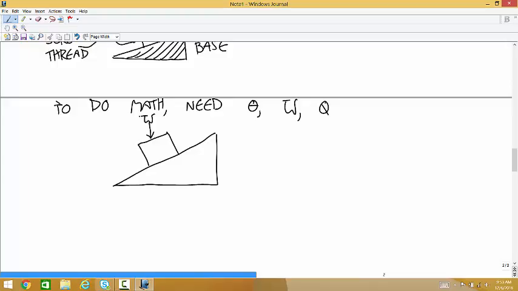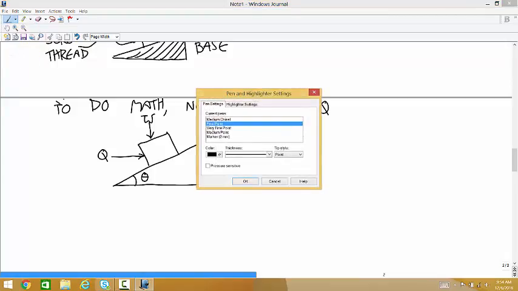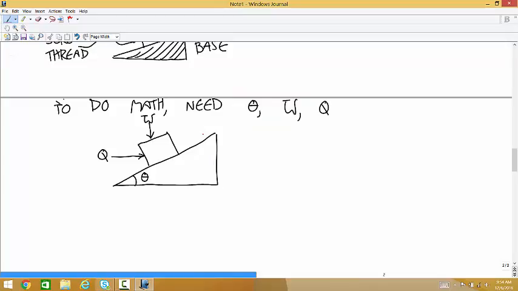That's W. The couple that's being applied to the screw to make it turn is represented for now as a force Q. And then the angle of incline is an angle theta. And we're going to do the same thing that you did in Physics 1 when you dealt with problems like this. We're going to use a rotated coordinate system with the y-axis pointing out of the surface and the x-axis along the surface.